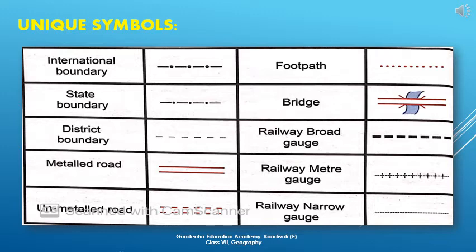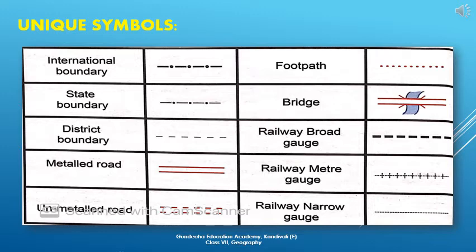The red dotted line indicates footpath. For bridge, the cartographer used this unique symbol where you can see the metal road sign with 4 slanting lines and the water flowing underneath.